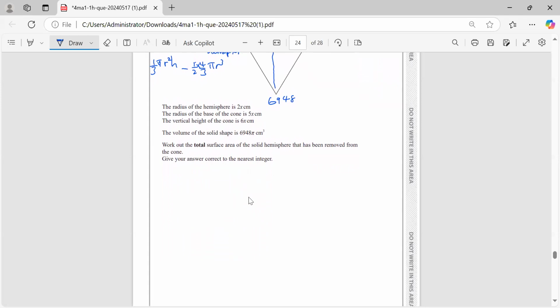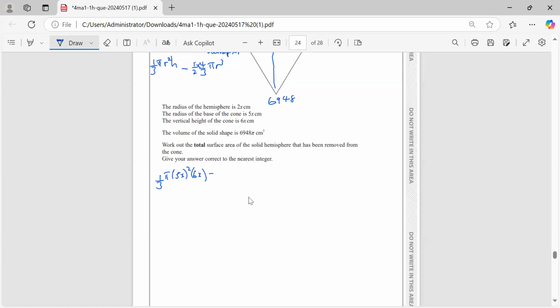So we're going to say 1/3 pi, and the radius of the cone is 5x, so 5x squared, and then the height is 6x, minus half of the hemisphere.